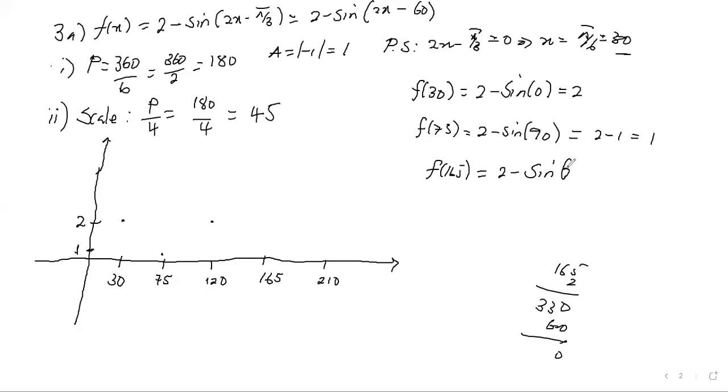What is sine 270? Sine 270 is -1. So we have 2 plus 1, which is equal to 3. So this one gives us a 3, and we put a 3 here. Then we stop solving now, we have found the 3 values. The next one will just give us back 2. So we have the sketch there.